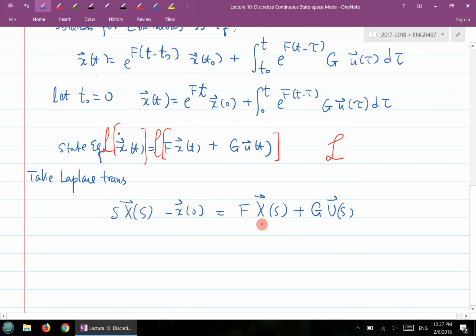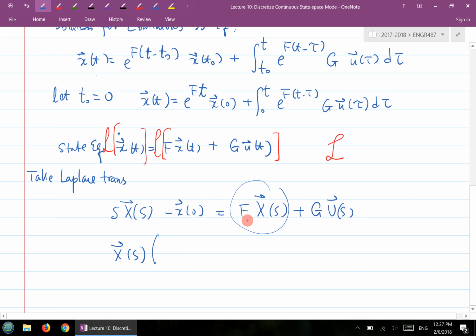And then I will simplify this a little bit. Basically, move this term to the same side as this term here, because I have a common factor here, right? X(s). So take out this common factor X(s). Now this is s times this, and this F here is a matrix, an n by n matrix.